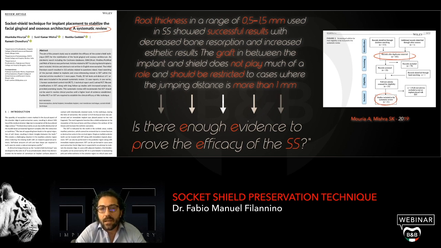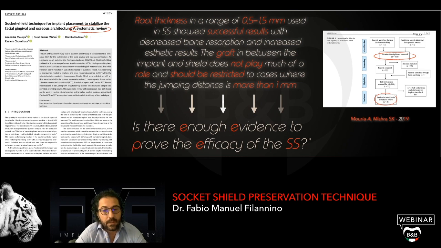21 articles, from which they described at the same time some indications of the technique. So they say that from these articles we know that the root thickness of the socket shield has to be from 0.5 to 1.5 millimeters.